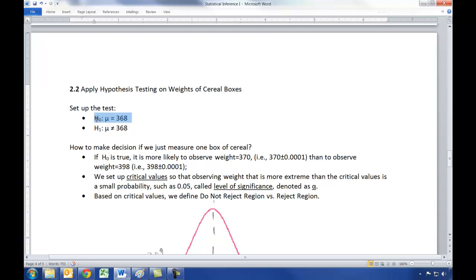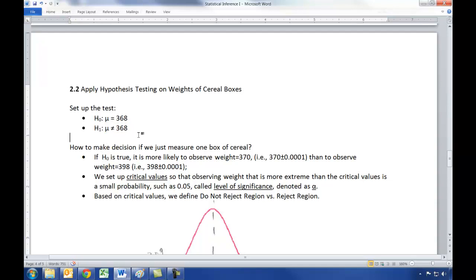So the null hypothesis states mu, which is the average weight of the cereal box, is 368 grams. Therefore, the alternative hypothesis is mu is not equal to 368 grams.